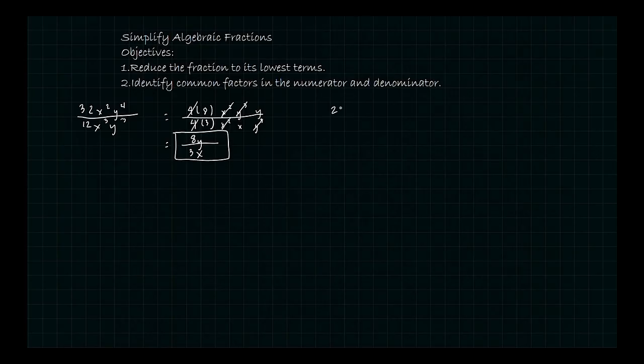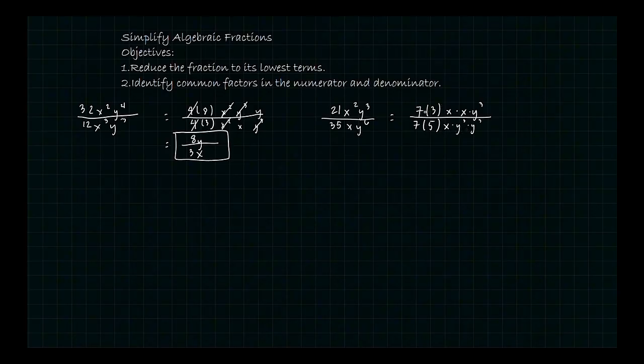Next example, we have 21x squared y cubed over 35x y raised to the power of 6. First, factor out 21 and we have 7 times 3. Now 35, and we have 7 times 5. Factor out x squared to x times x and copy x in the denominator.